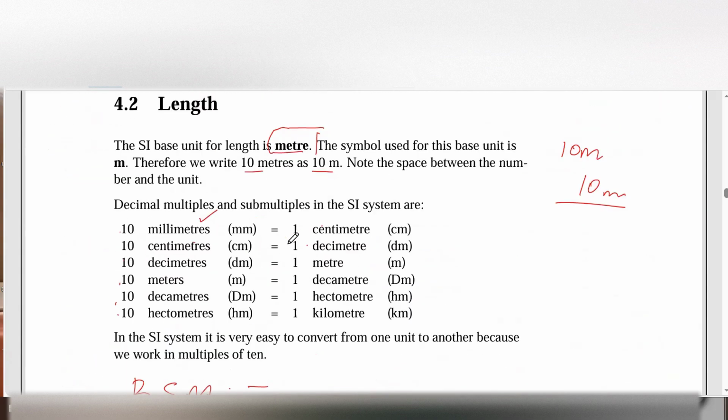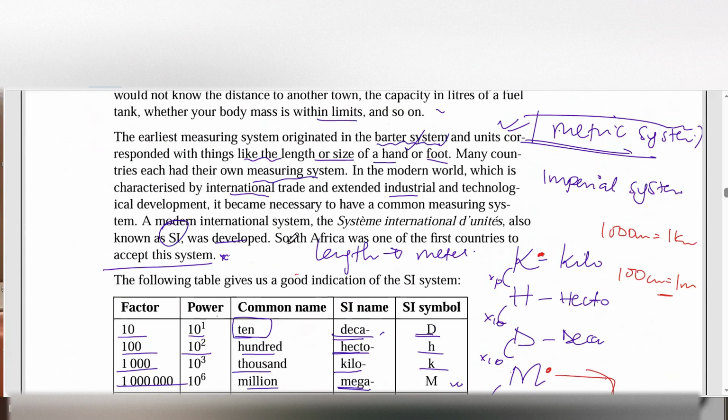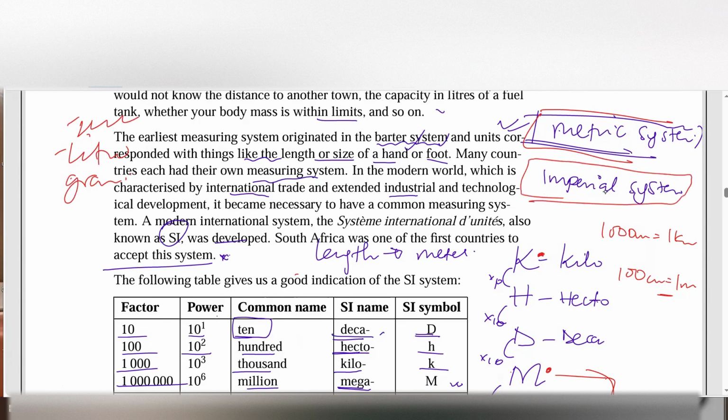Remember we said we have two sets of units. We have the metric system that talks about measuring length in meters, volume in liters, and then weight in grams. When you talk of the imperial system, that's a system that is used by the colonizers. And so their units are normally still with the body parts.